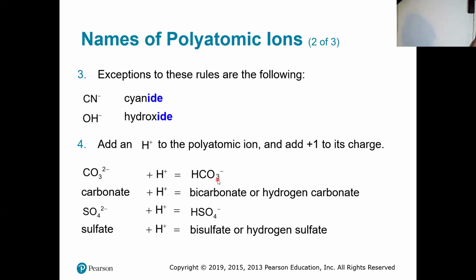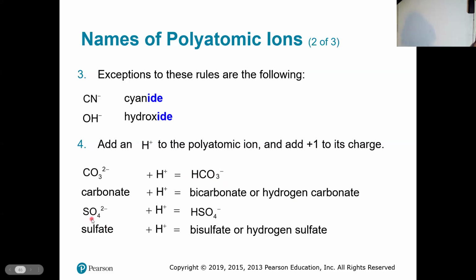So our CO3 stayed the same, but we added a hydrogen and our charge went up by 1. The name of this is going to change to hydrogen carbonate, or in more common naming, bicarbonate.